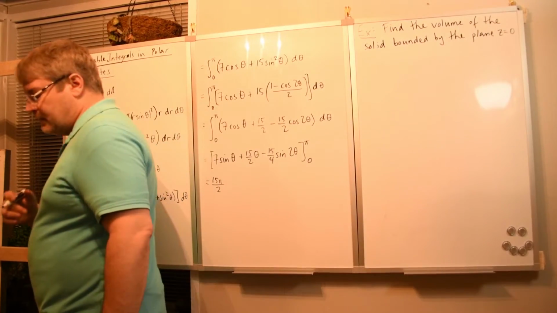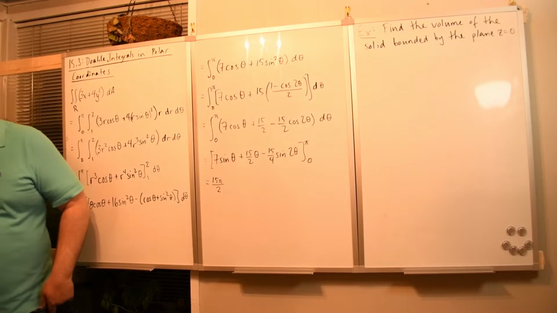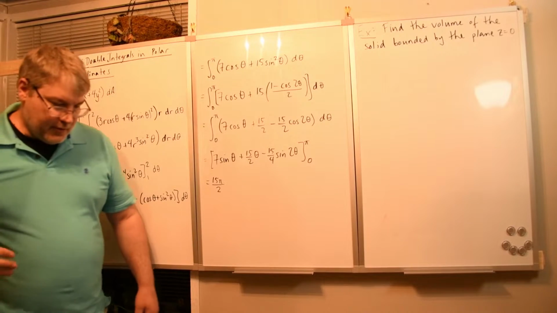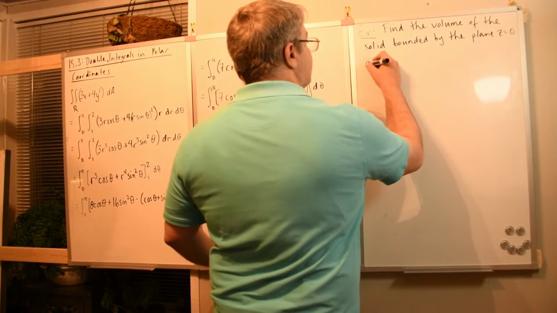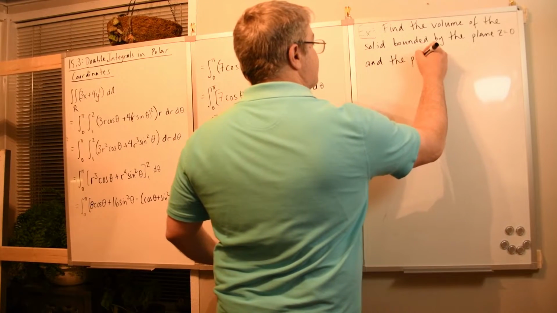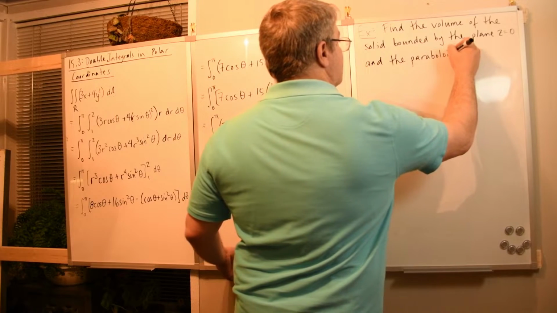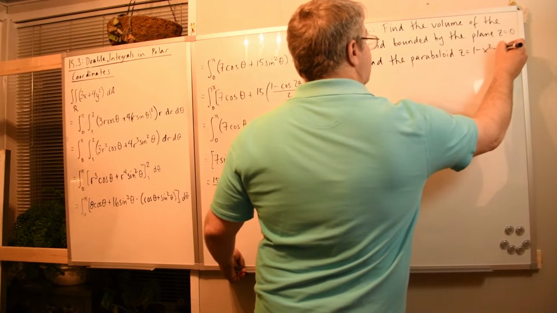And one of the boundaries for this solid will be the plane z equals 0, or the xy plane. And the other boundary will be the paraboloid z equals 1 minus x squared minus y squared.